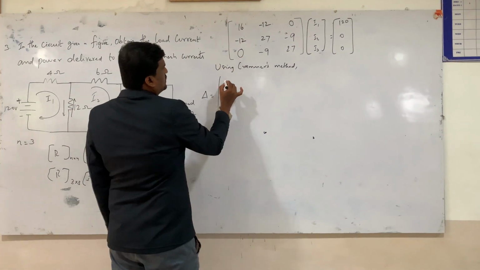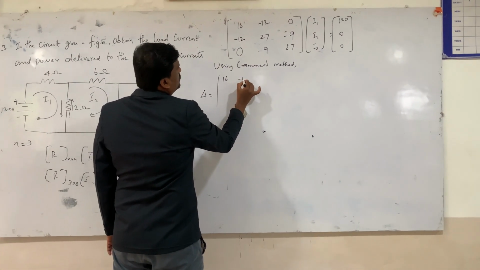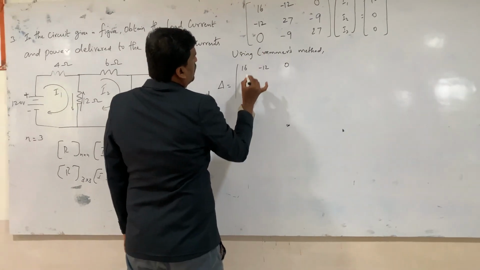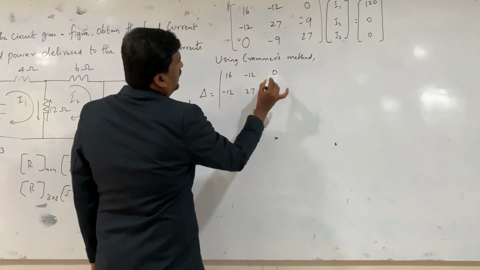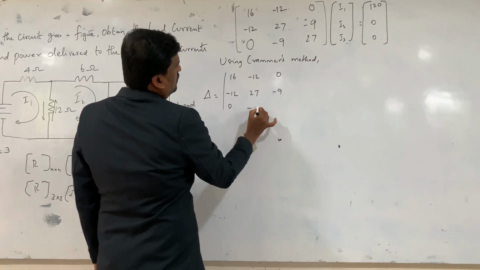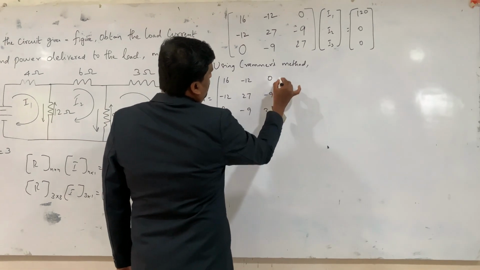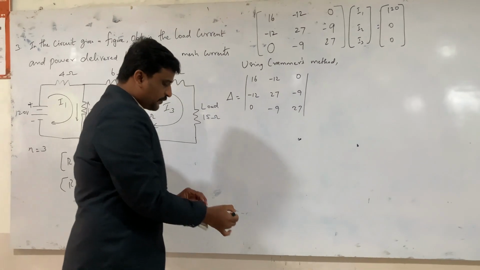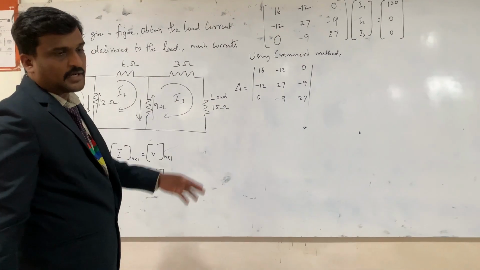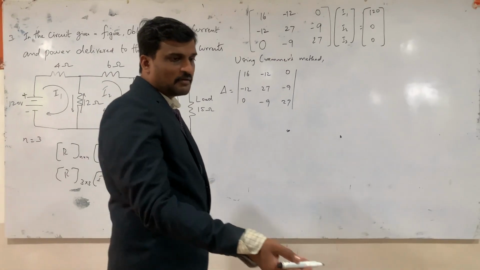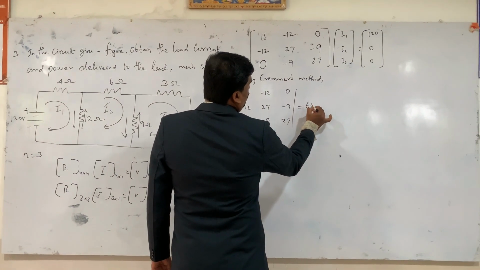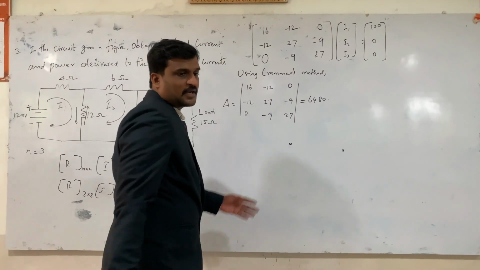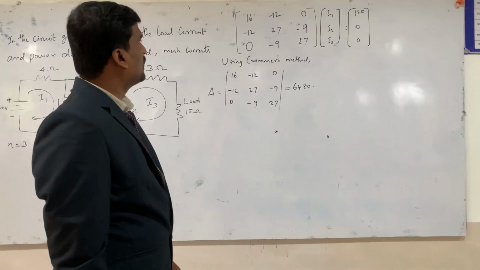So here R matrix is 16 minus 12 0, minus 12 27 minus 9, 0 minus 9 27. So here we have to take the determinant. So after solving, we have got the value for the determinant, which is 6480. So this is the determinant value we have obtained for del.